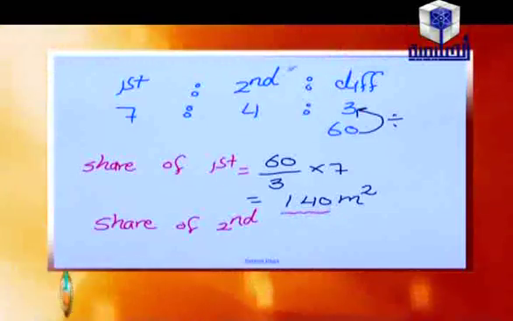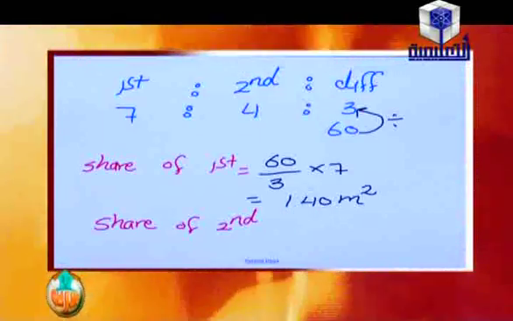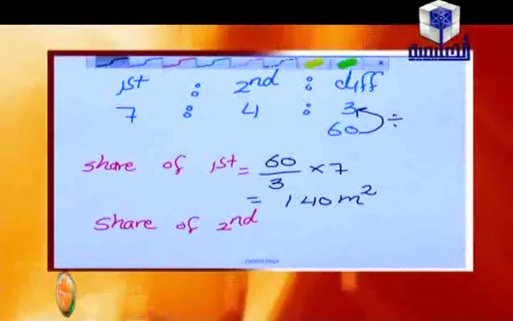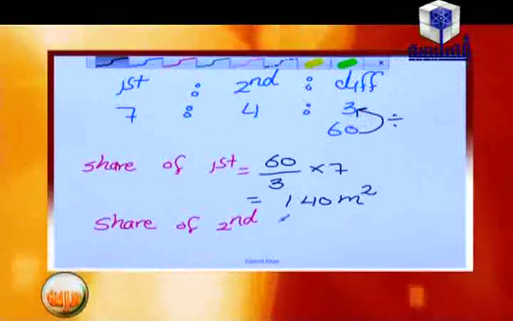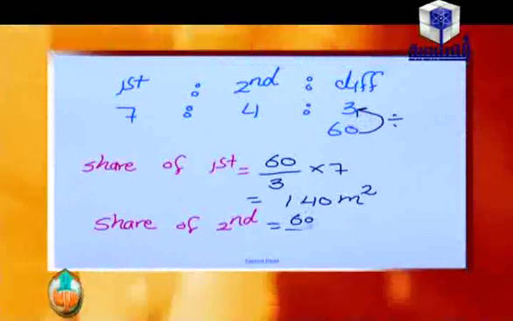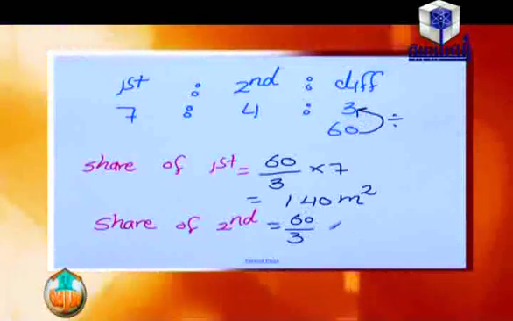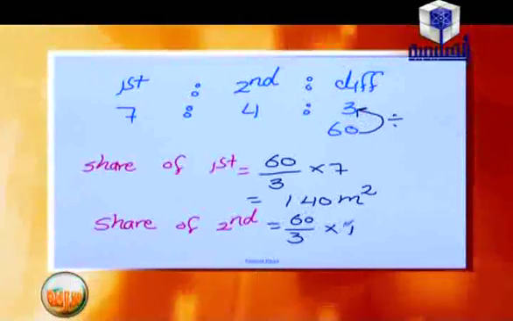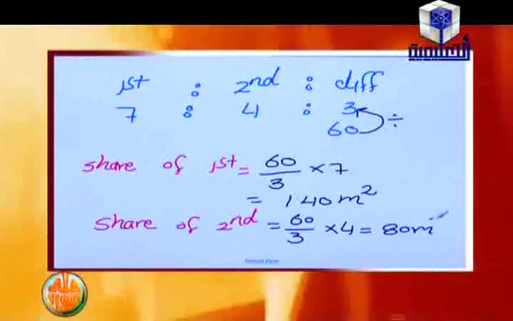Then we can say here the share of the second, exactly the same: 60 divided by 3, multiplied by 4, gives 80 meters squared.